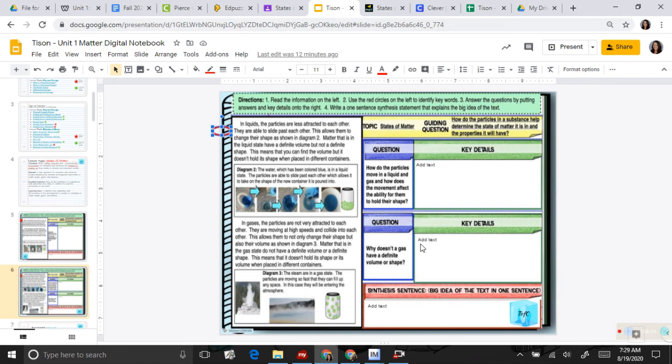Lastly, I want you to answer this question, why doesn't a gas have a definite shape or volume? The answers are in both of these passages. And then at the very end, write me one sentence that summarizes all of the material. Be sure it's a complete sentence and be sure it summarizes all of it. Don't make this up in your head. This is stuff that I want from the text. So be sure your answers come from the text. All right, that's all for today.